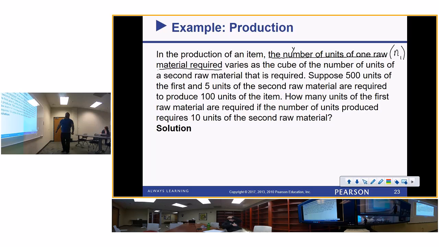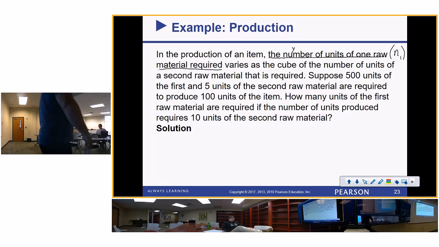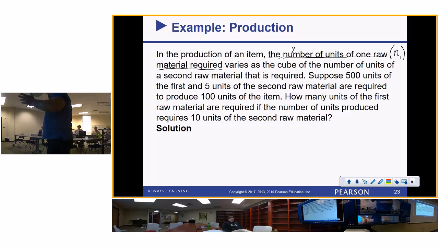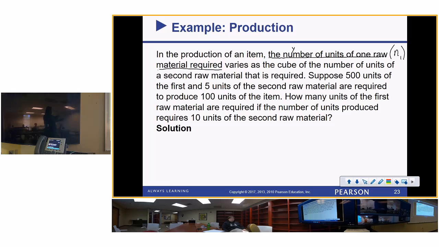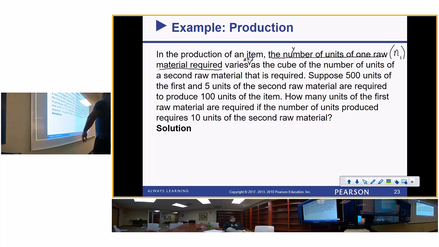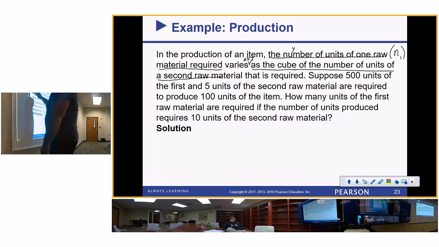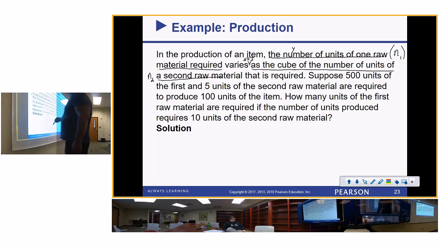Varies directly here, but the preceding slide said the word directly, so they're saying it with a comma. It refers to the last slide. Usually right here they'll have direct, inverse, or what? Joint. They'll have those directions in there. And then it says as the cube, which is what I missed, of the number of units of a second raw material, and we'll call that n sub 2.